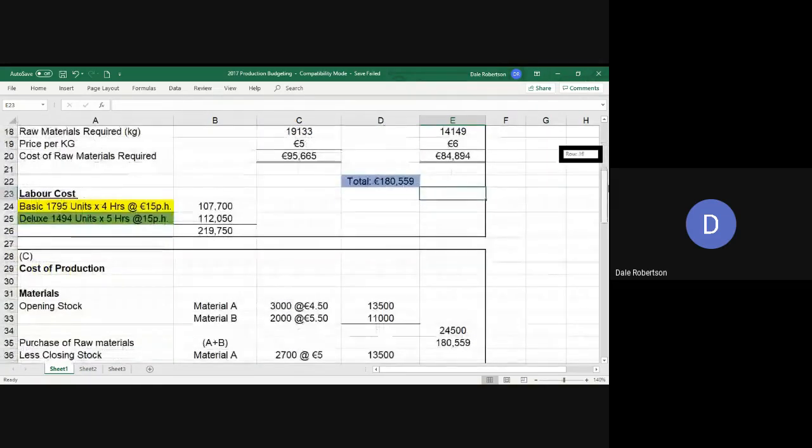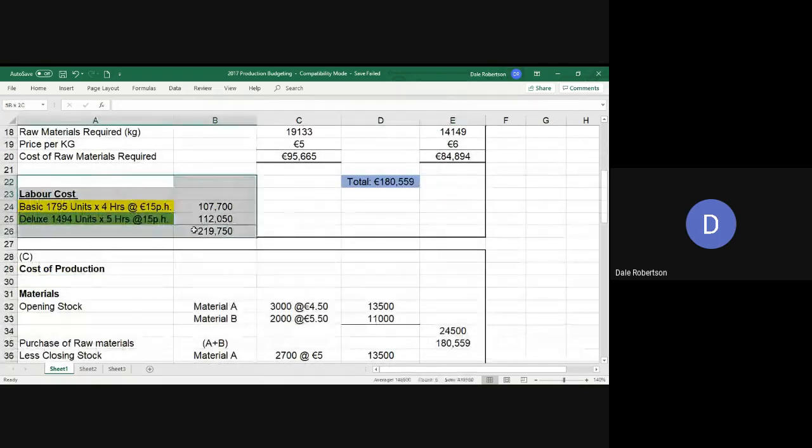I tend to do a bit of preparatory work, so I just want to focus you in on this for a moment. This is the total labor cost. We'll use this further down the question. We know that we pay our staff €15 per hour, it's the penultimate or second last thing in the question. And we know, according to the middle box, that it takes 4 hours to make a basic and 5 hours to make a deluxe.